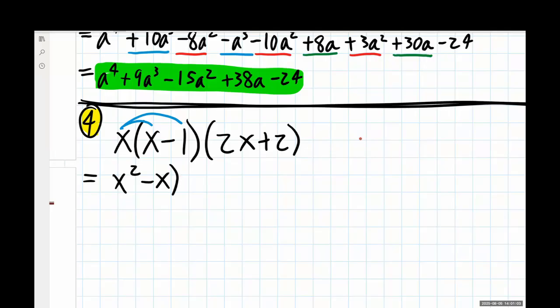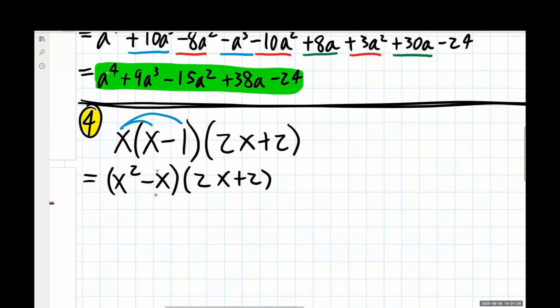Now this new combined result is still multiplying with 2x plus 2. So I've essentially taken these first 2 things and condensed them down to one single polynomial. It's a little bit of compression or simplification, and awesome, we did that.